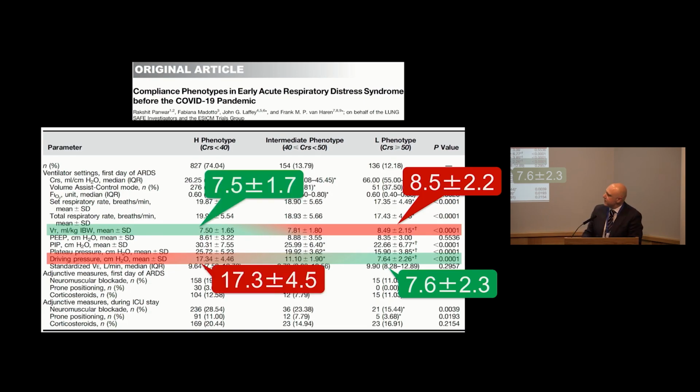You would rather have someone ventilated with 7.5 mils per kilo of predicted body weight. But when you take compliance into consideration, these patients had a driving pressure of 7.6, and this patient had a driving pressure of 17.3. So you can see now that just tidal volume doesn't give you the full story unless you realize where the tidal volume is going, particularly in terms of compliance. And the way to do that is driving pressure.